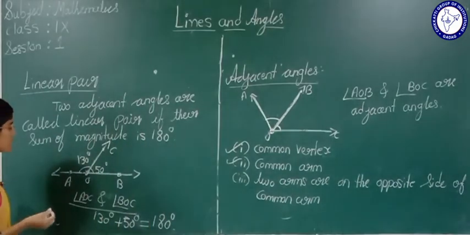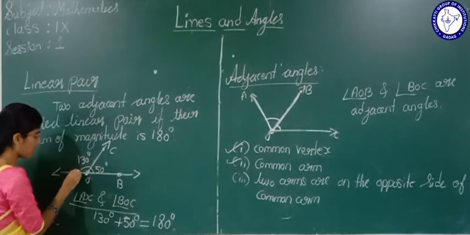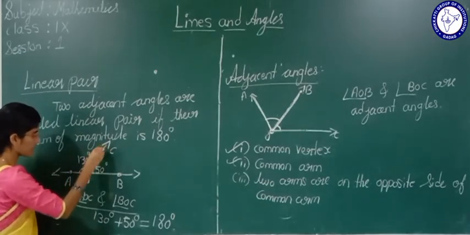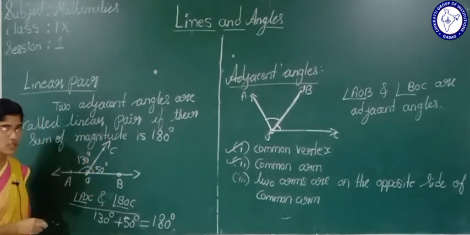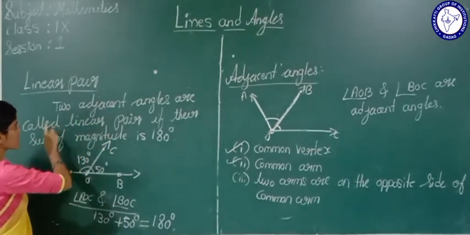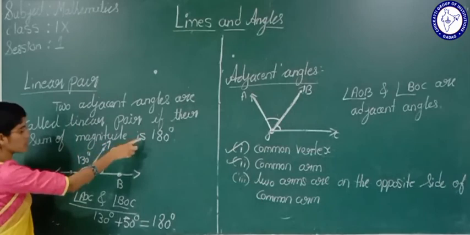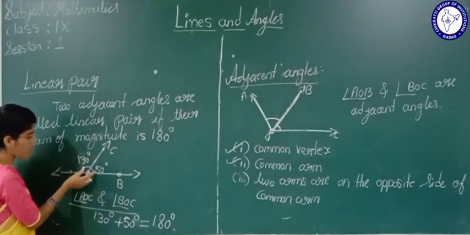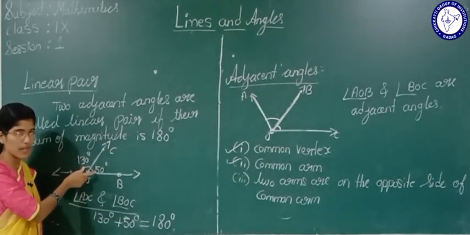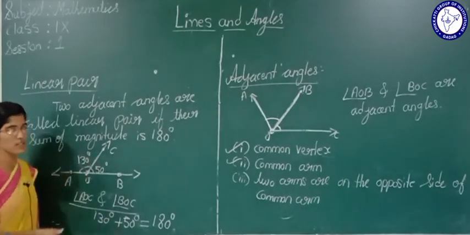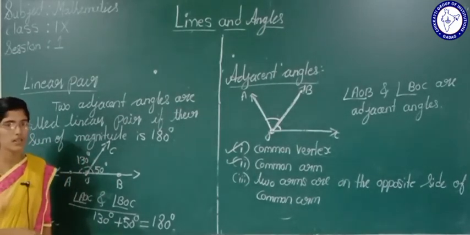Angle AOC and angle COB are adjacent angles. Yes or no? So two adjacent angles are called linear pair if the sum of magnitude is 180 degree. Here two angles are a linear pair because the sum of the magnitude is 180 degree.